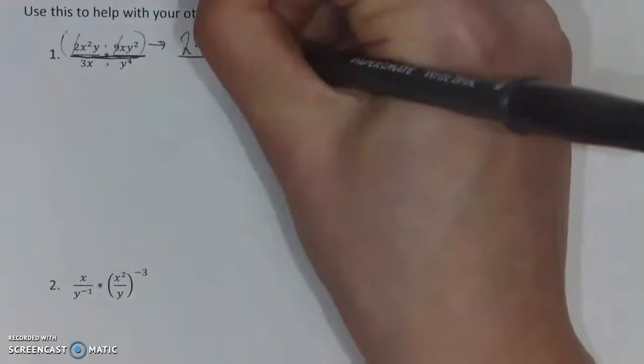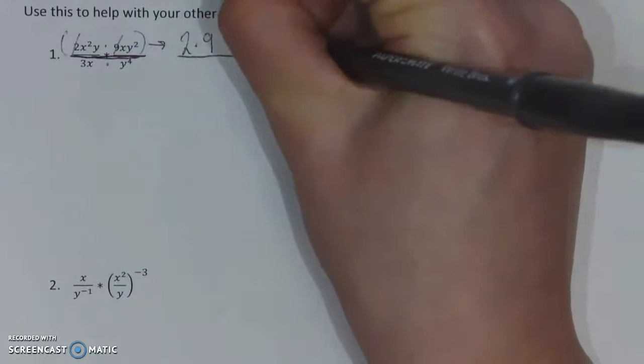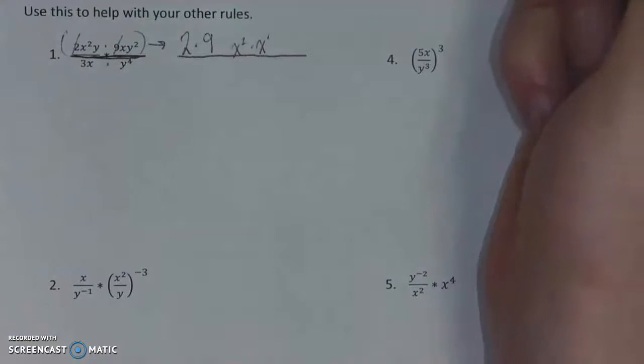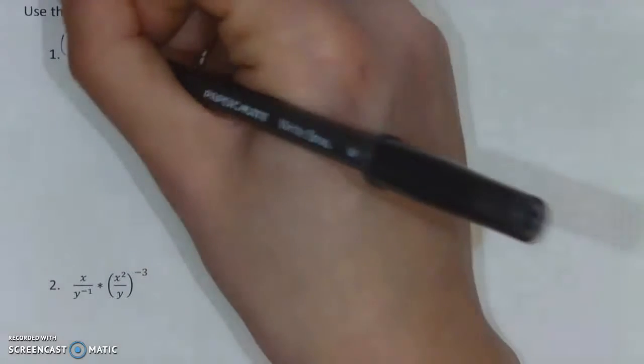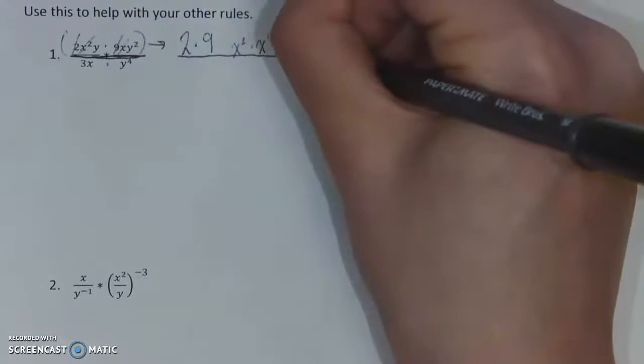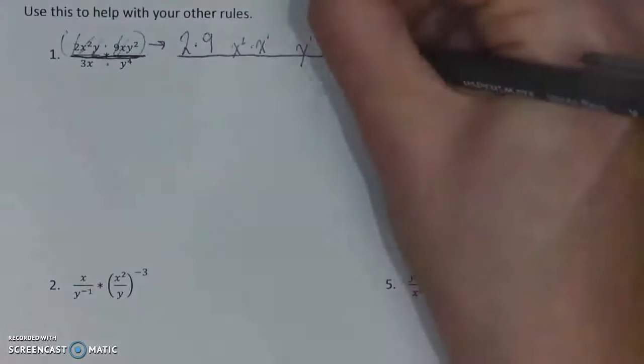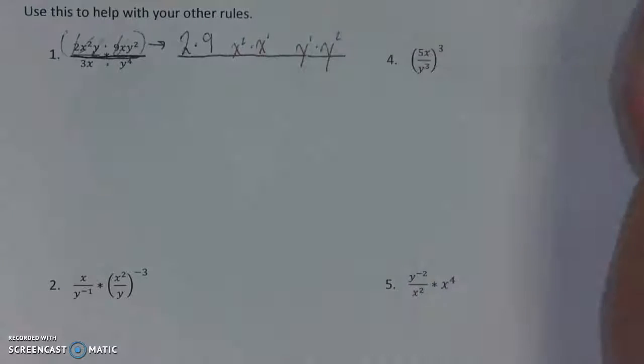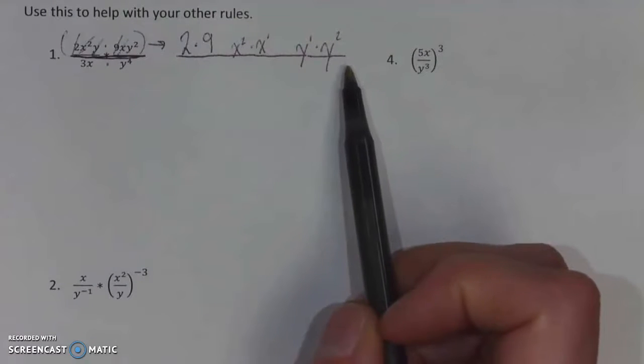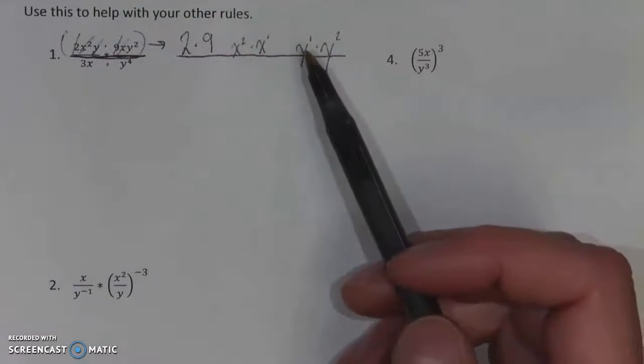So I've got x squared times x, which would be to the first power. And last but not least, I'm going to put my other variables that I have to deal with. I have some y's, so I've got a y, which is just y to the 1 if it doesn't say anything, and I've got a y squared. Already, this is a little bit easier to work with than what we had before.